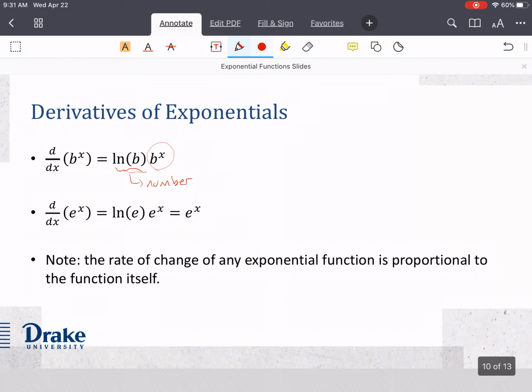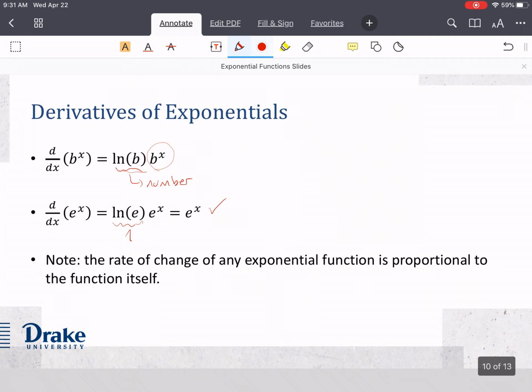Special case, when you have e to the x, the derivative of that is the same rule applied: ln of that base, which is e in this case, because here you find the natural log of the base b, here ln e, and then we know ln e is always 1. So you do ln e times e to the x, which is basically e to the x.